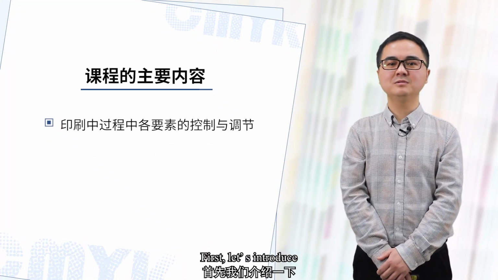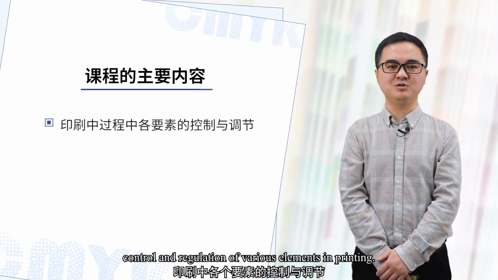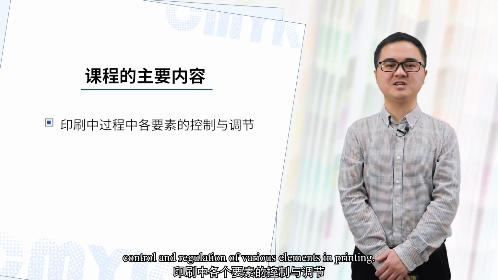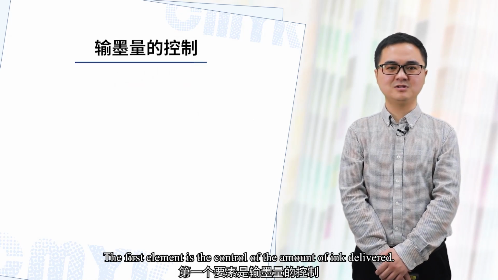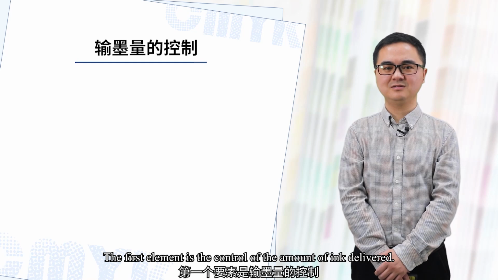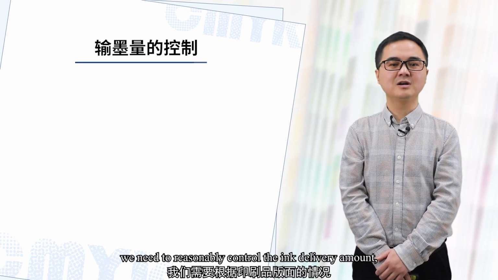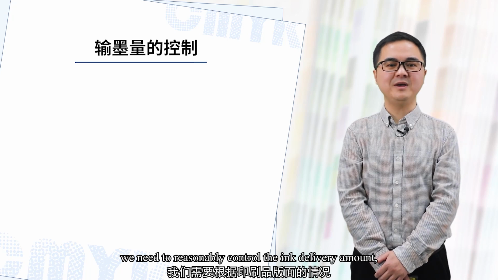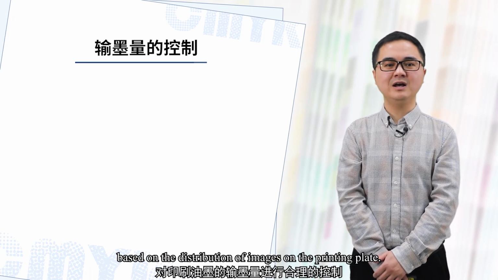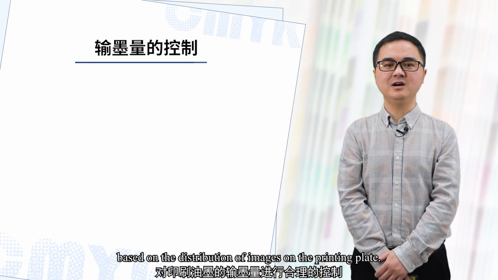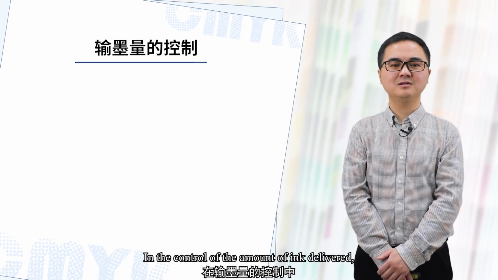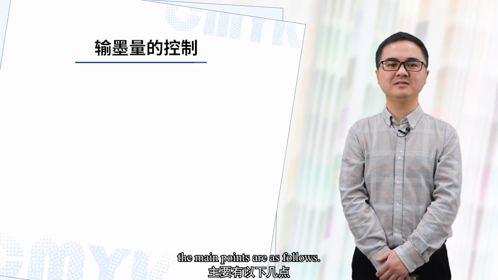First, let's introduce control and regulation of various elements in printing. The first element is the control of the amount of ink delivered. During the printing process, we need to reasonably control the ink delivery amount based on the distribution of images on the printing plate. In the control of the amount of ink delivered, the main points are as follows.